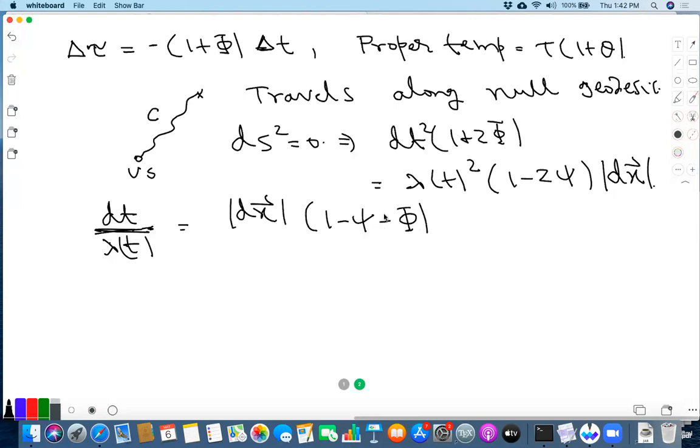So this is okay to first order in perturbation theory. So I can just integrate here t LS to t naught, that's us.